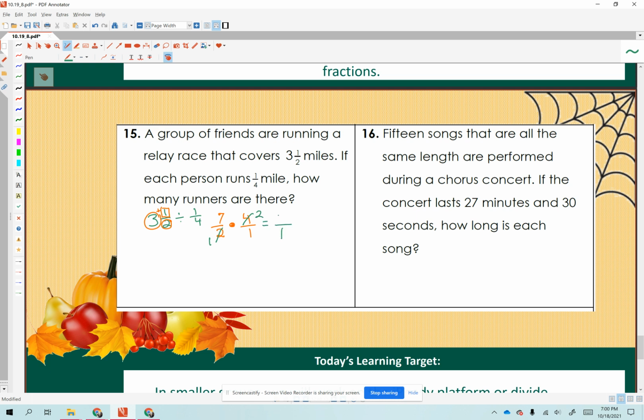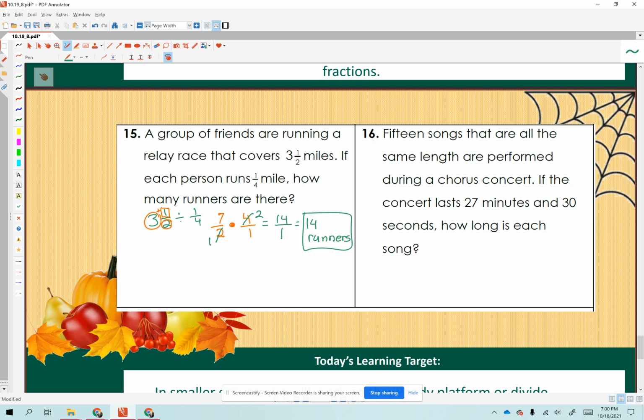The denominator I have 1. The numerator I have 14. So 14 over 1 equals 14, and it's 14 runners to complete this race.